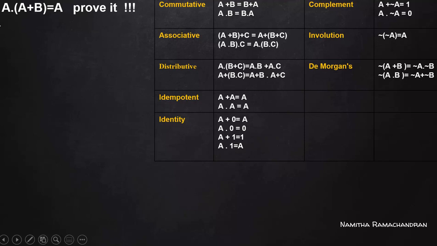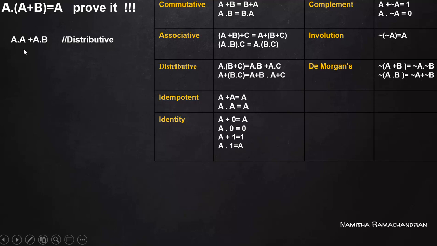So consider this LHS part, A and (A or B). Okay, we can apply this distributive law over here. That is, A and (A or B) can be represented like (A and A) or (A and B). Distribute this operator inside this bracket. Then it becomes A and A or A and B.